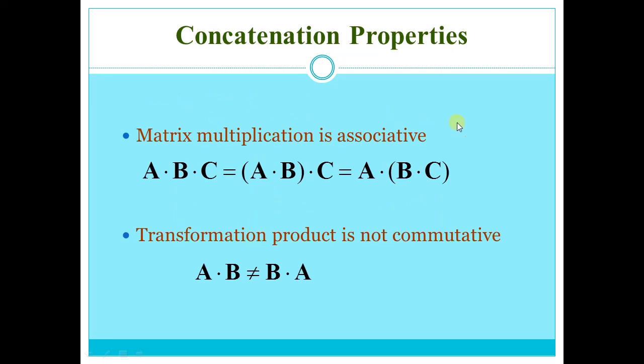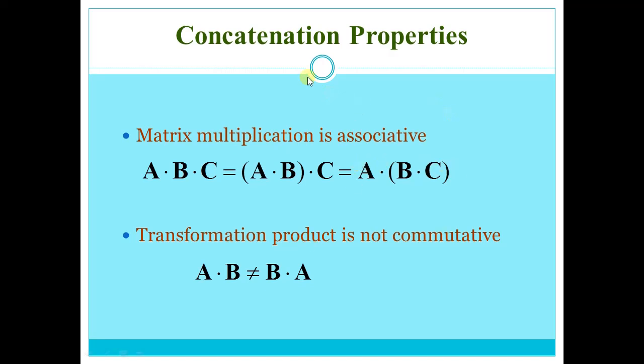Now some properties are very important. That is nothing but concatenation properties, because many times it becomes necessary to combine the aforementioned individual transformations in order to achieve the required results. In such cases, care should be taken that the order of matrix multiplication is the same as that of the transformations.